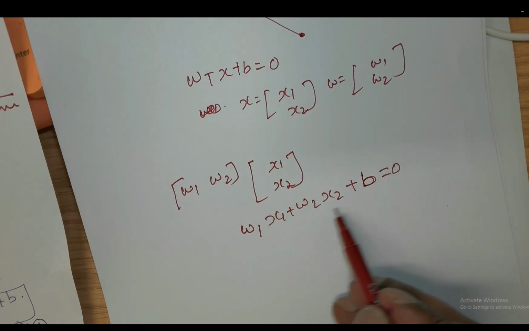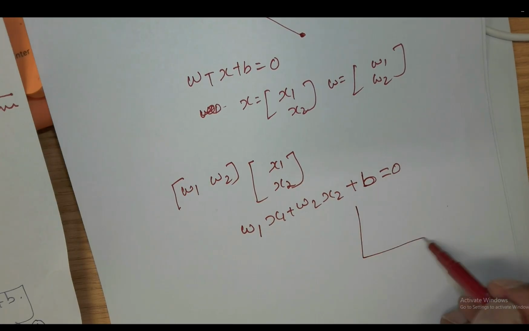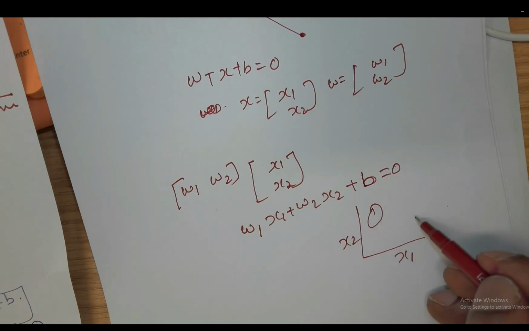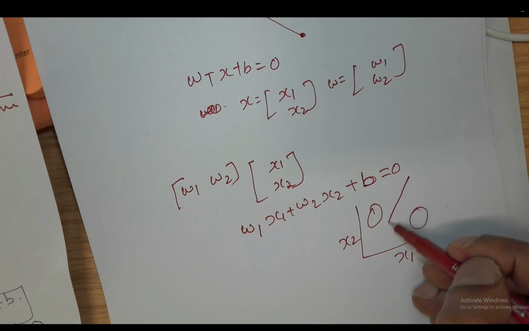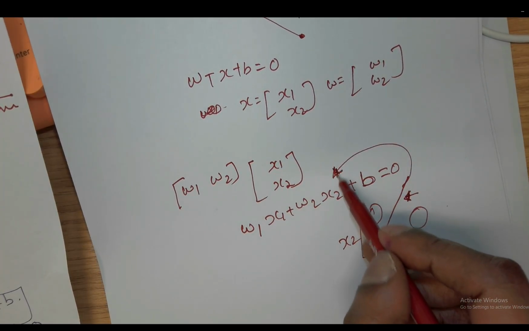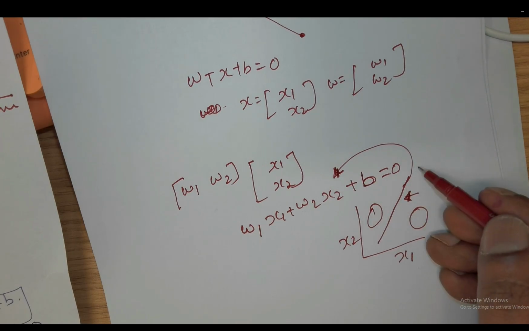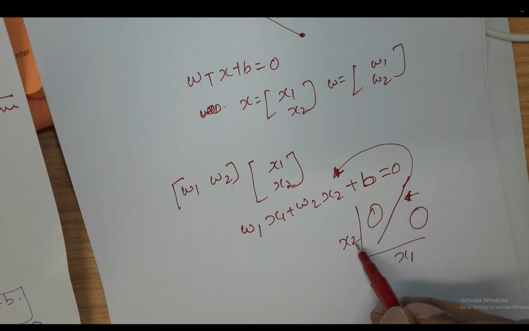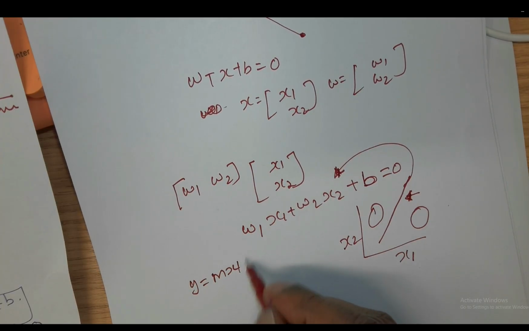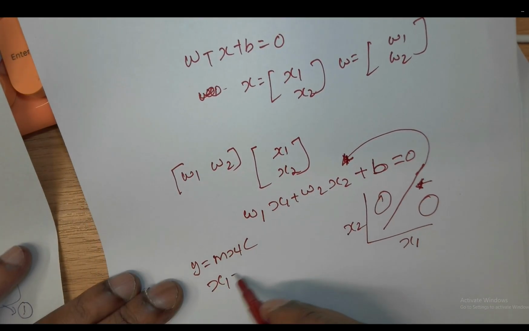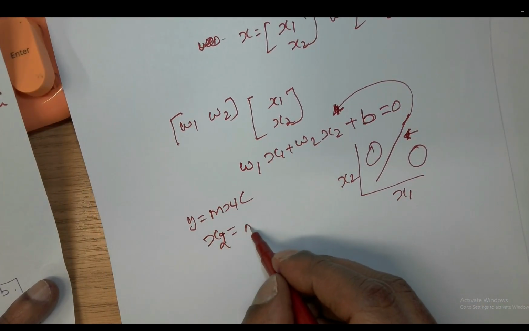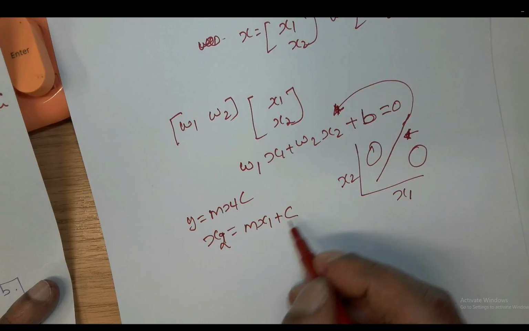So in order to get the equation of hyperplane, we have x1 which is length, we have x2 which is width, we have some category here, some category here. We need to find this line which is your hyperplane line, which is nothing but this one. So you have to get the equation of straight line that corresponds to hyperplane. So you have to write this in the form of y is equal to mx plus c, or x2 is equal to mx1 plus c.